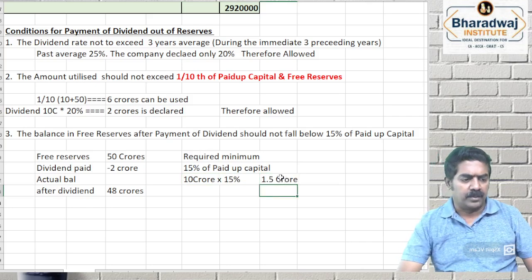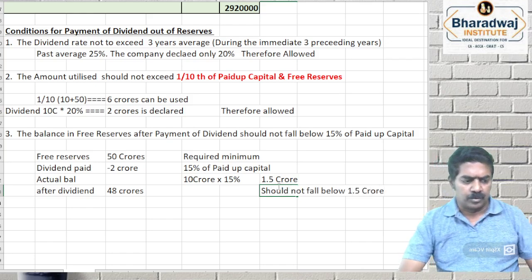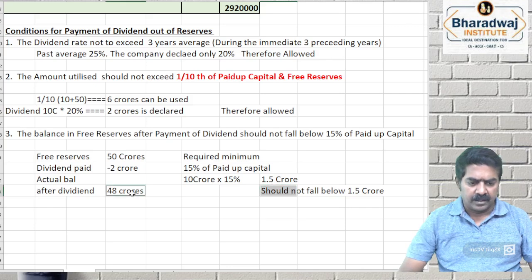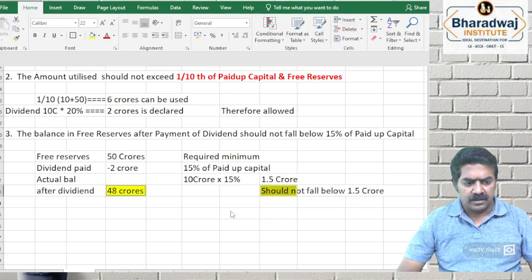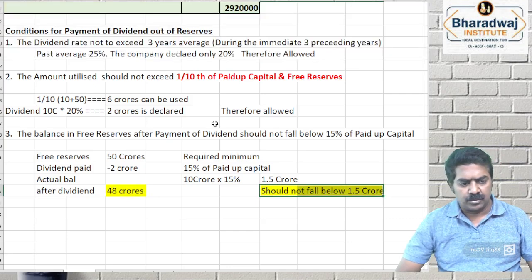It should not fall below this. Should not fall below what? 1.5 crore. So no problem. There's 48 crores available. Should not fall below 1.5 crore. So therefore allowed.